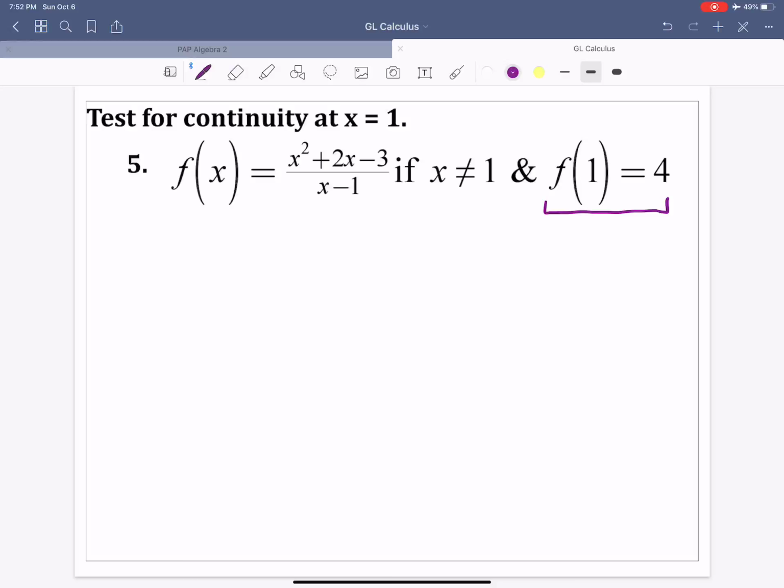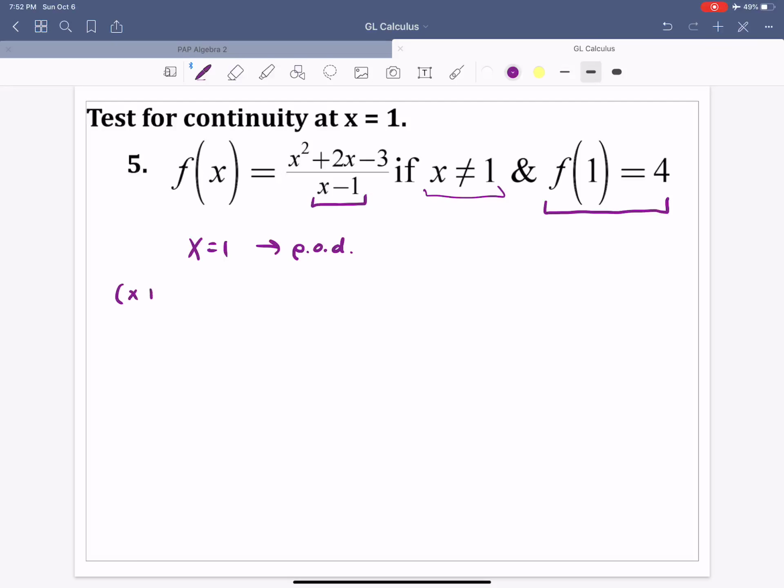But as you can see pretty clearly from x minus 1, x equals 1 is going to be a point of discontinuity because x is not allowed to equal 1, and they tell us that here. As we look at this, let's factor the top.